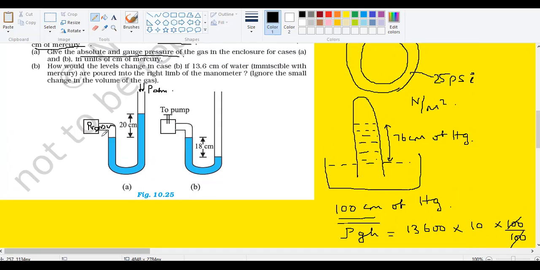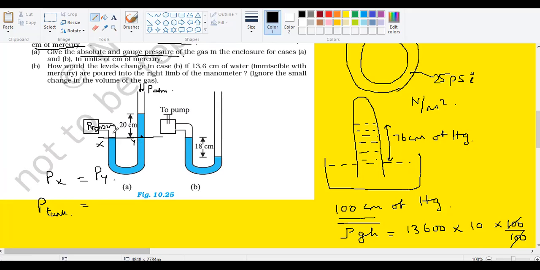So if I put a line over here, again, always I go back to the basics. This is your X, this is your Y. On this side, the pressure in the gas enclosure, the pressure in the tank, is what is acting on top of X. Who is acting on top of Y? Atmospheric pressure and mercury liquid column pressure. So Px is equal to Py.